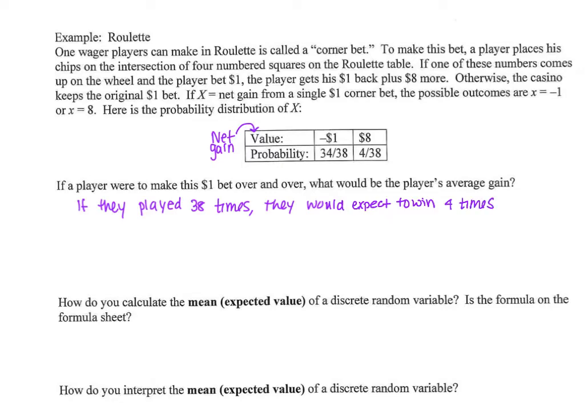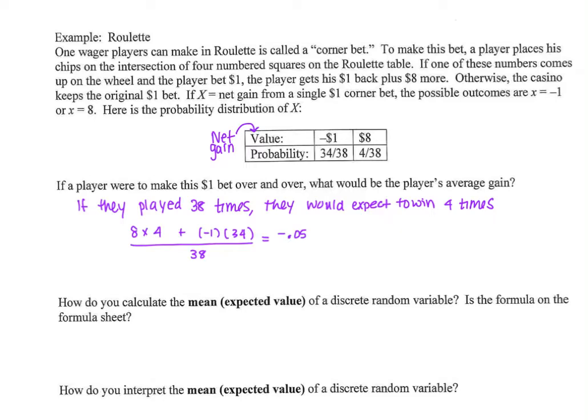So you could make $8 times 4 times, or you will lose $1 the other 34 times. And divide that by 38, the total amount of times you played, that's negative 0.05.